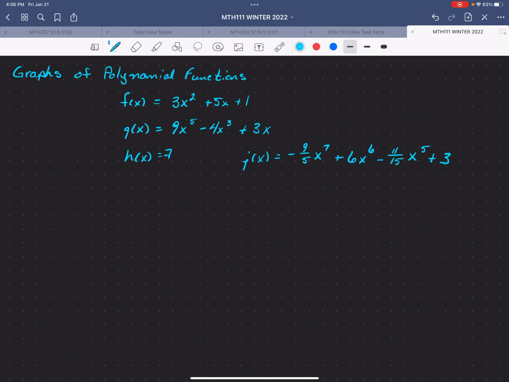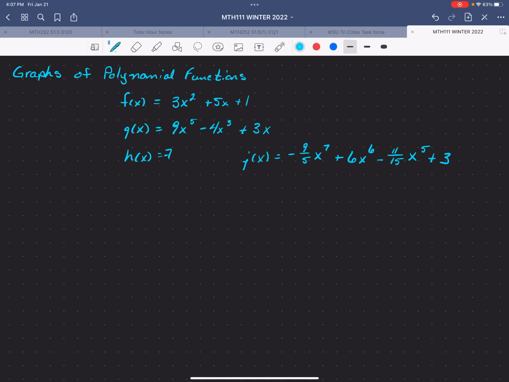Now, what do all of these functions have in common? Well, they've got a few things. They're all sums, so there's pluses and minuses. They all have only positive exponents, right? And in all of these cases, the variable is in a numerator. It's not in the denominator of the fraction.